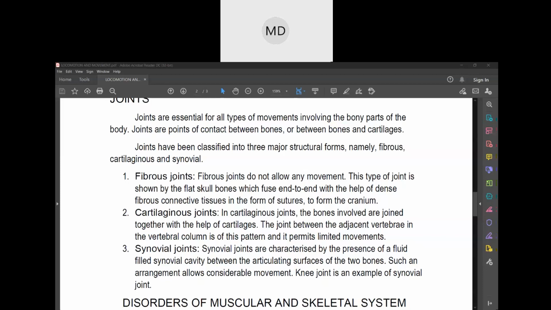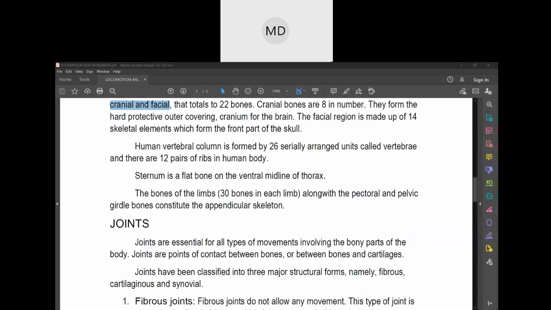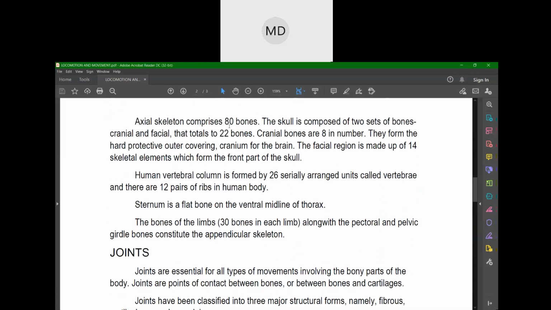First is the fibrous joint. Fibrous joints do not allow any movement, meaning you have no control over the joint. They are generally found between the bones of the skull. We have talked about the bones of the skull: there are many bones, cranial and facial, a total of 22 bones.